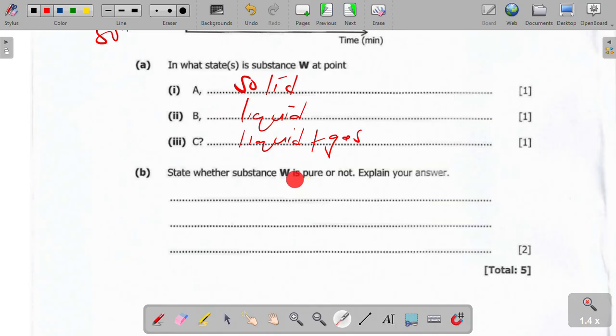Question B, state whether the substance W is pure or not. Explain your answer. What do you think is the answer here? Remember that this here is the melting stage.